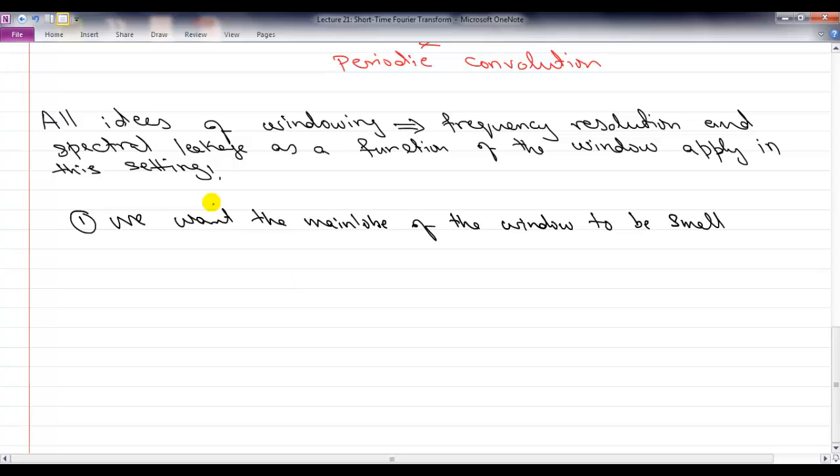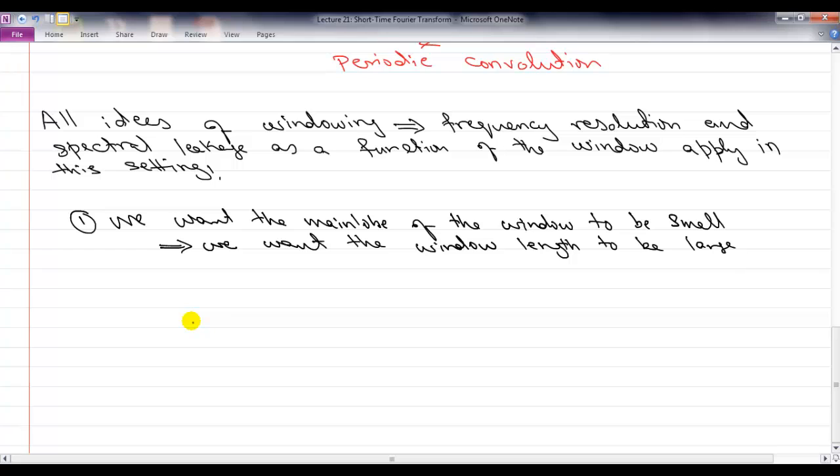So if you want the main lobe of the window to be small, this implies that we want the window length to be large. But that contradicts with our requirement for time resolution. Because if we make our window large, then you are now including samples from other parts of the signal where you may be transitioning from one frequency to the other frequency.